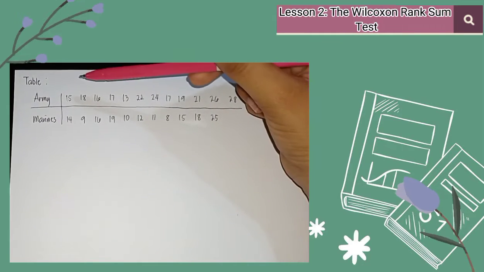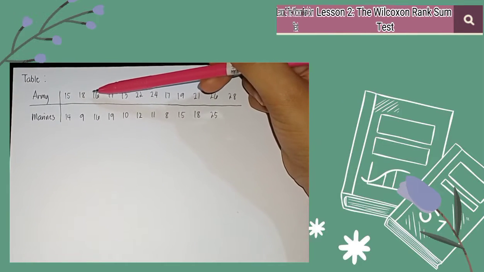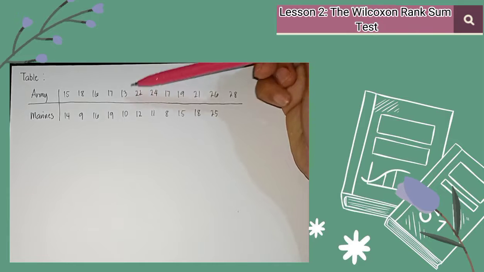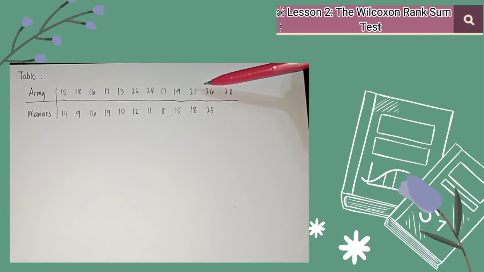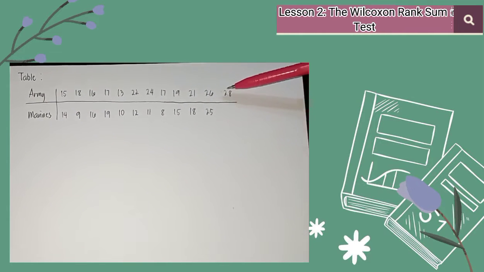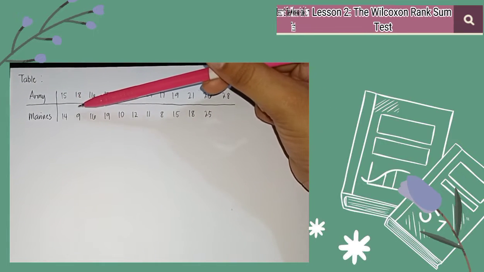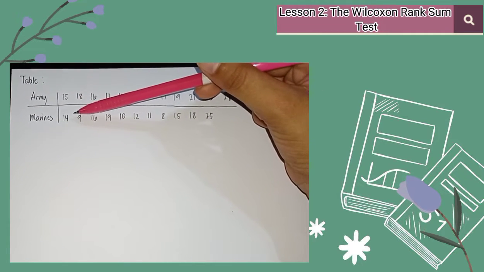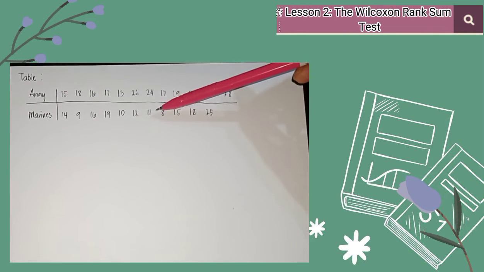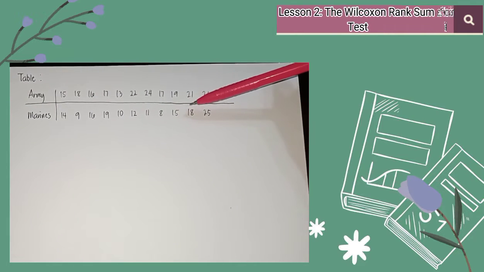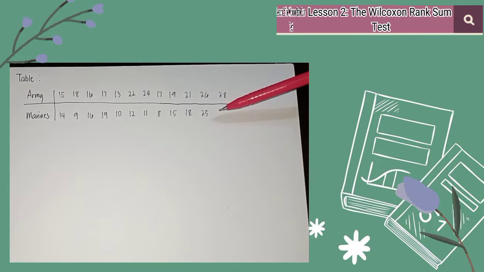So here, the Army got 15, 18, 16, 17, 13, 22, 24, 17, 19, 21, 26, 28. And the Marines have 14, 9, 16, 19, 10, 12, 11, 8, 15, 18, and 25.